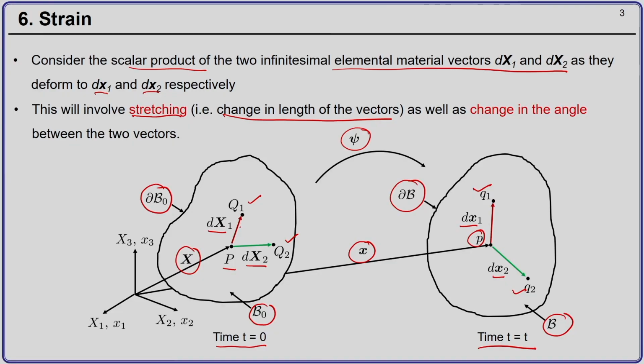Also, the angle between the two vectors, say theta 0, will also change. As shown here, theta 0 changes to theta.